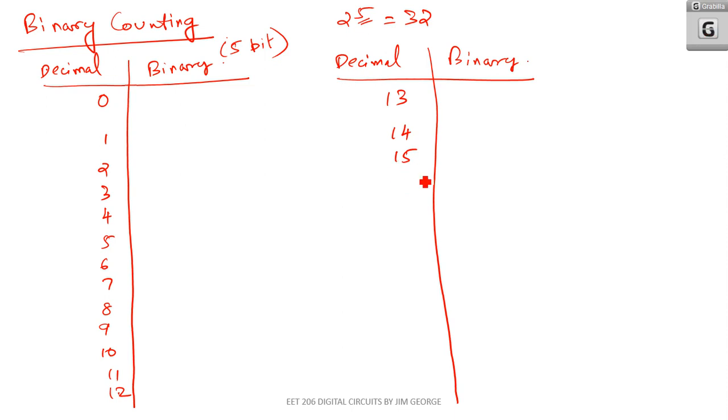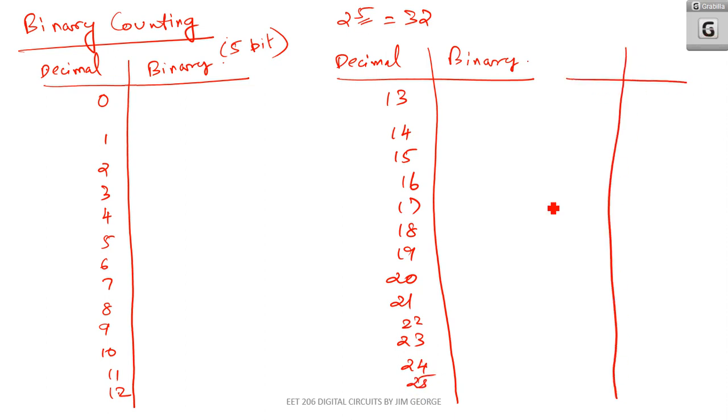Then we will count to 16, 17, 18, 19, 20, 21, 22, 23, 24, 25, 26, 27, 28, 29, 30, 31, and 32.